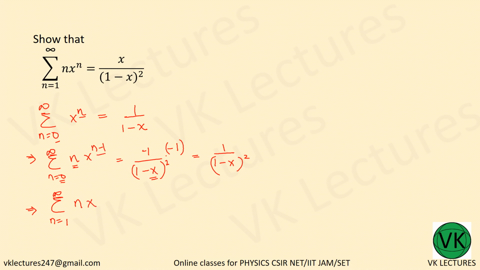Now when I change n from 0 to 1, here I have to add 1, right?